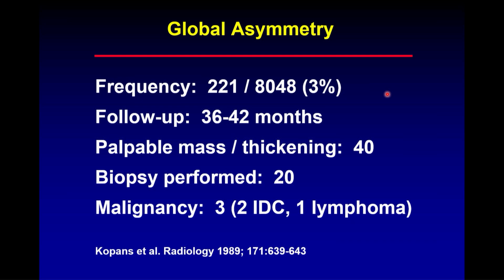With modern mammography, global asymmetry is way less than 1%. We see it maybe once, twice a year in 10,000 cases. So it's very unusual. It's still there, and it's still different, which is why it's still in BI-RADS. Although maybe one day, because it's infrequent, they'll say, no, we don't have to bother with it. But it is different than focal asymmetry because it's such a large area.